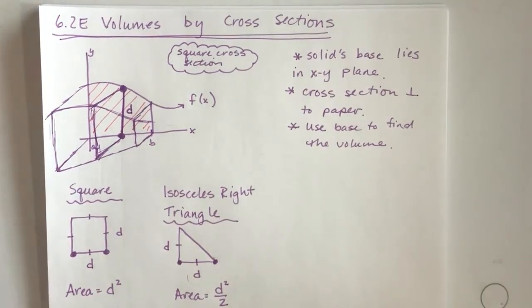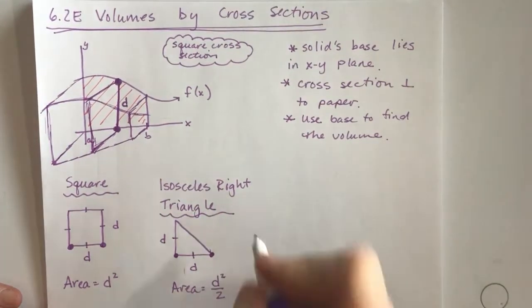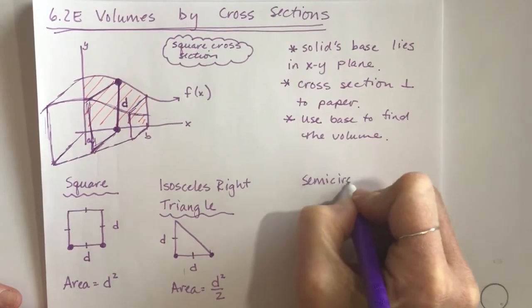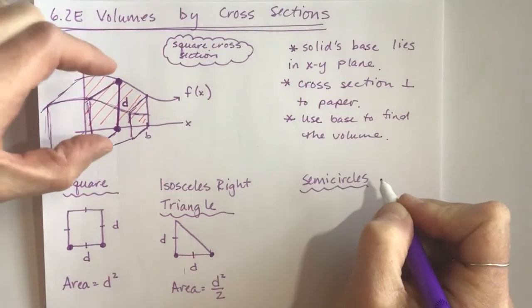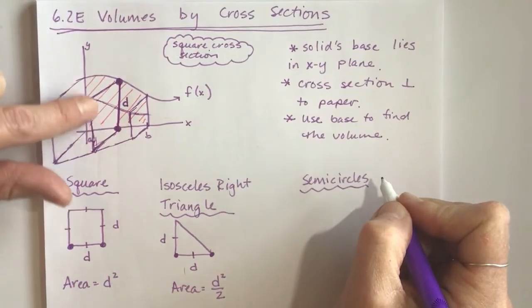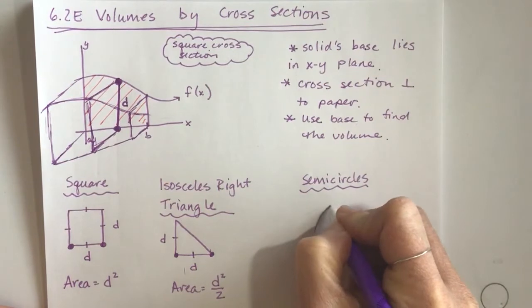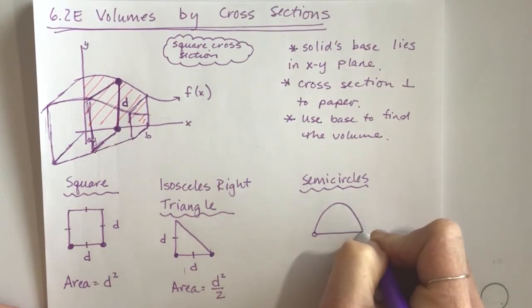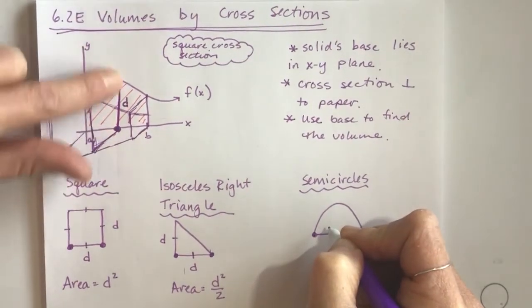Okay, another common one is semicircles. So here we're not revolving into a whole circle, we're just placing a semicircle here, around here, on that cross section right there.